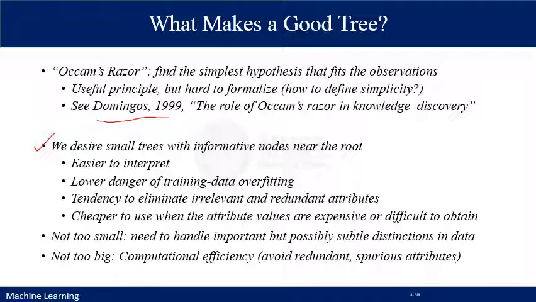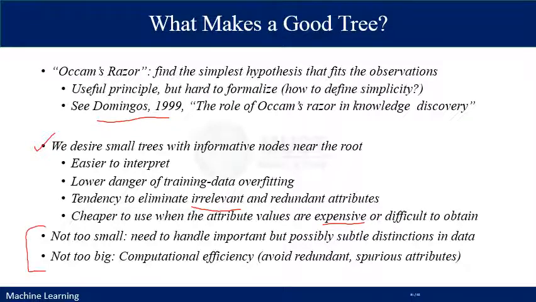We would also like a decision tree which has the tendency to eliminate irrelevant and redundant attributes. And more importantly, we would like to build cheaper decision trees, which are cheaper to use when the attribute values are expensive or difficult to obtain.